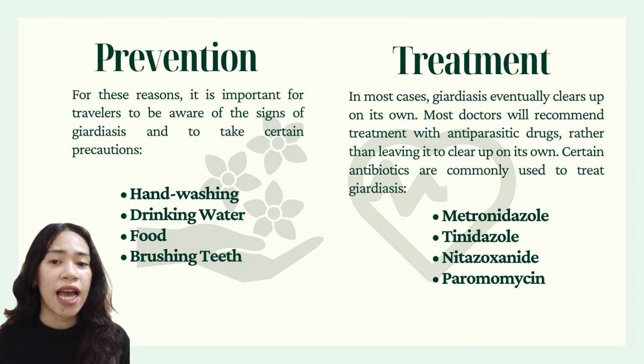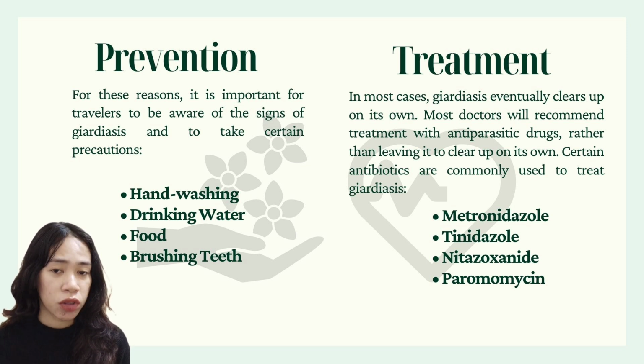For this reason, it is important for travelers to be aware of the signs of giardiasis and to take certain precautions. First is hand washing. Wash hands after using the bathroom or changing a diaper and before eating or handling food. Second is drinking water.